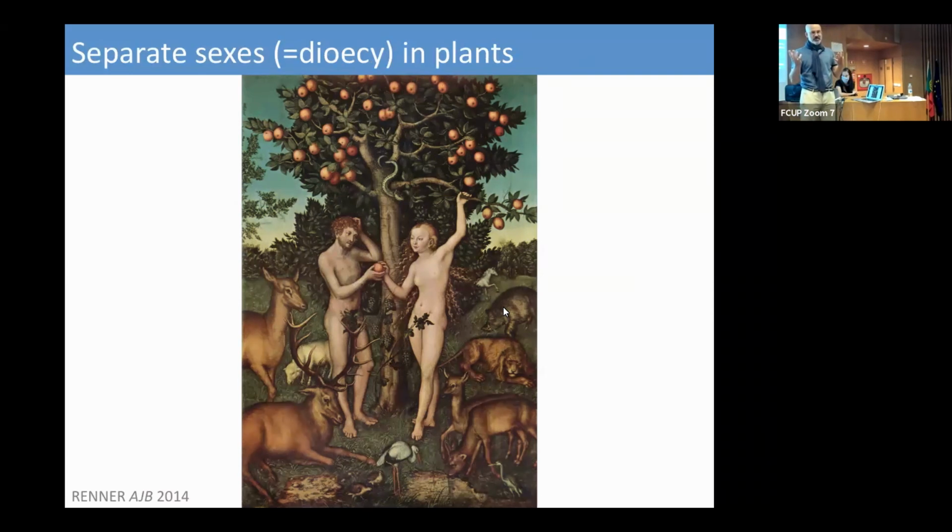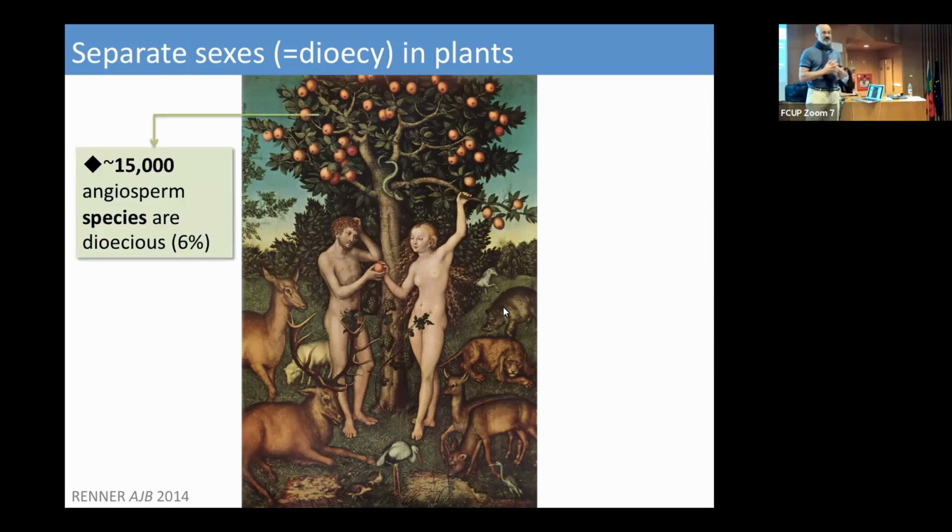Of course, males and females are very common in animals, and we tend to forget that they also exist in other important groups, and they also exist in plants. There are about 15,000 species of angiosperms that have separate sexes, males and females, and they are called dioecious plants.